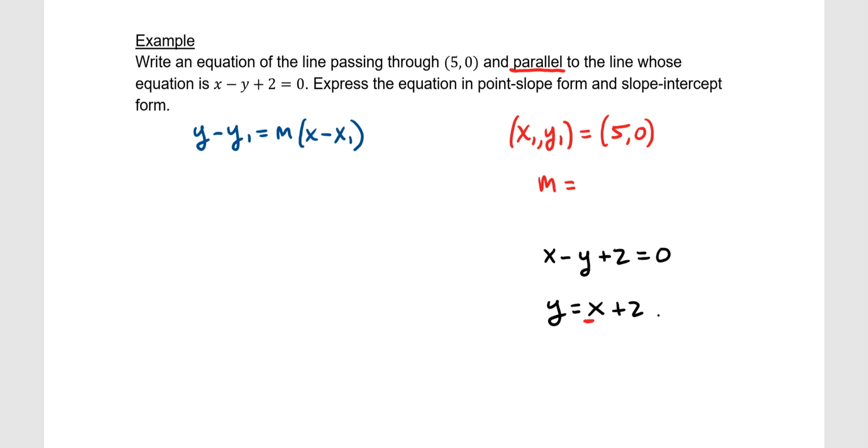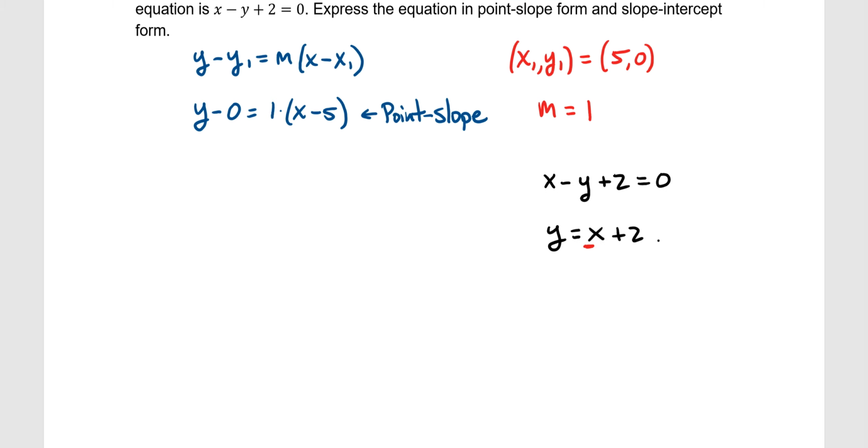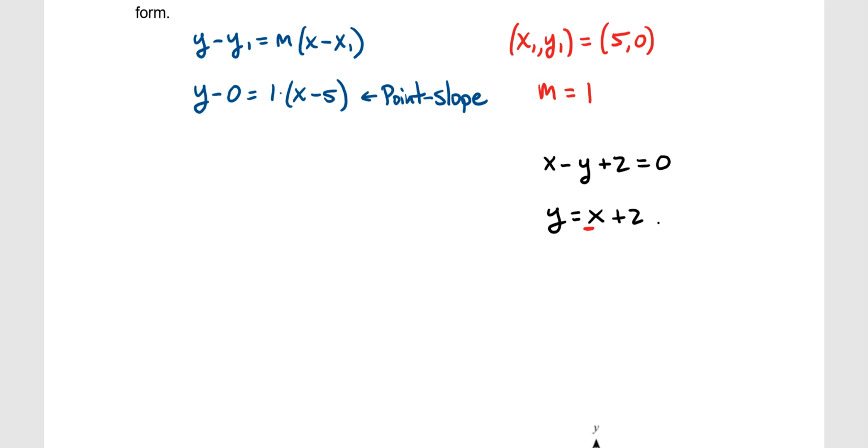So that means our slope is also going to be 1, since parallel lines have the same slope. So let's go ahead and plug those values into the point slope form. So we get y minus 0 equals 1 times x minus 5. And let's go ahead and solve this for y. It's essentially already solved for. And we get y equals x minus 5, and that is our slope-intercept form.